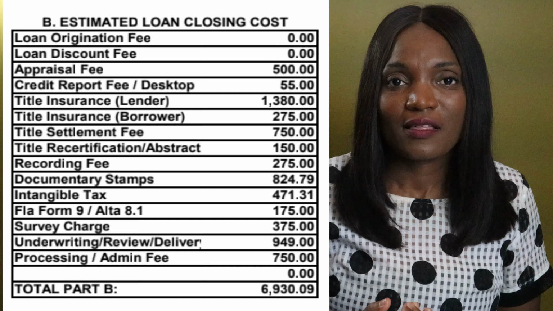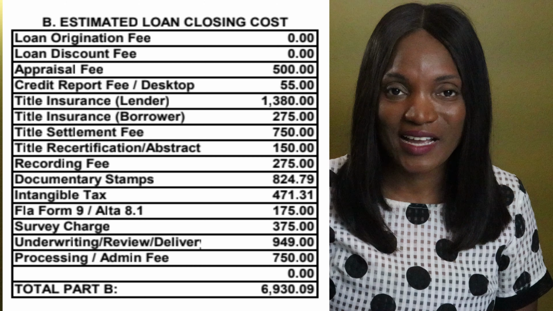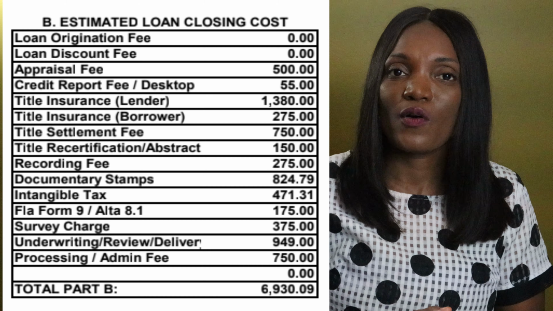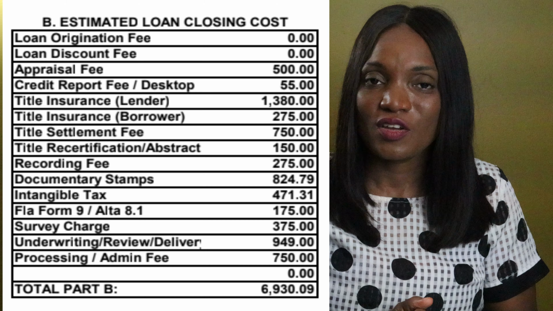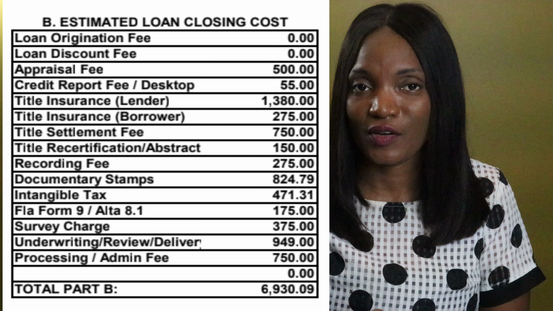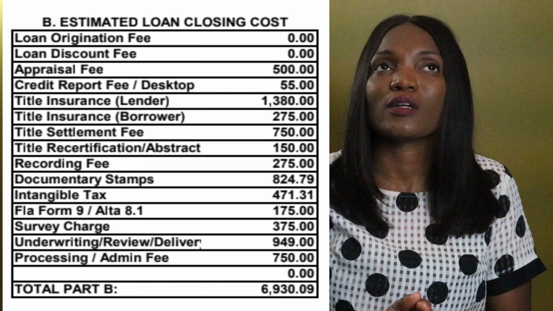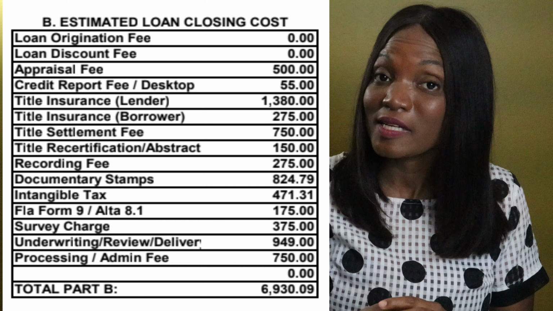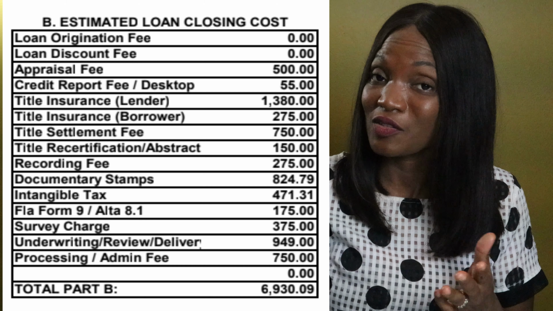Another cost that is associated with the transaction is DocuStamp. DocuStamp is needed for when you're transferring your document from one person to the next, in this instance the buyer. Just like when you're sending out a piece of mail, you have to have a stamp attached for it to be mailed to the recipient.